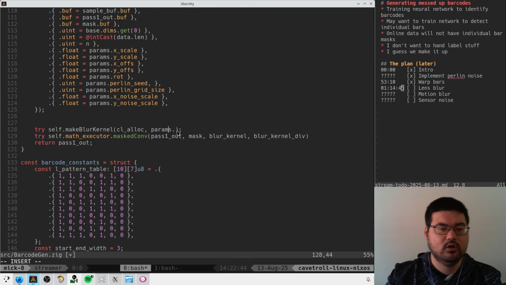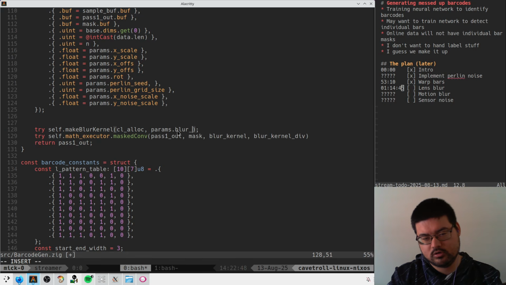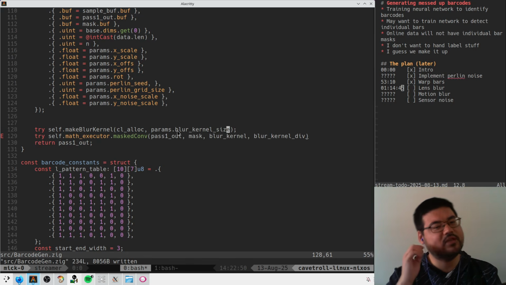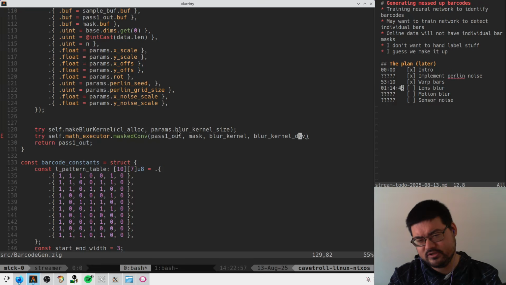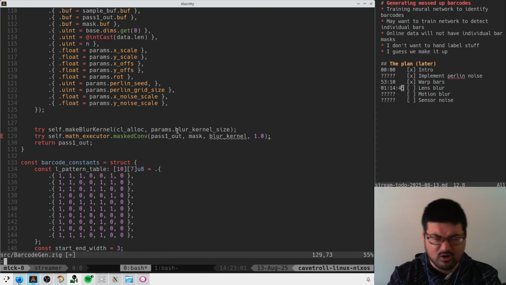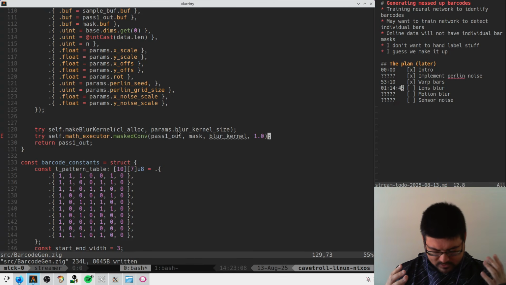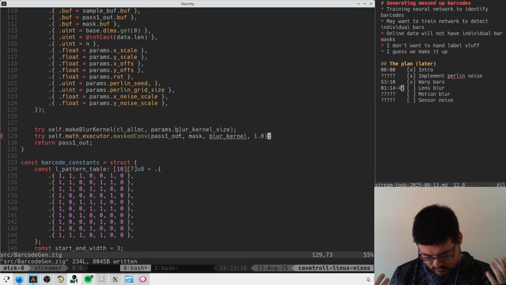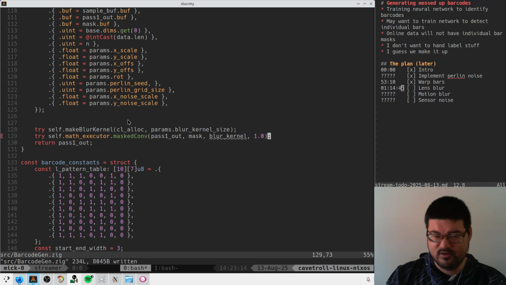Sure. Blur kernel size, I think that's reasonable. And then blur kernel divisor actually should be 1.0, I think, right? Because if all elements sum to 1, then we don't have to worry about going over. In fact, we probably will get very slightly dimmer, maybe. But we'll see.